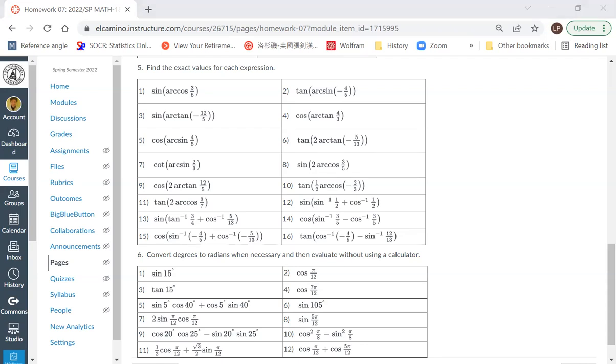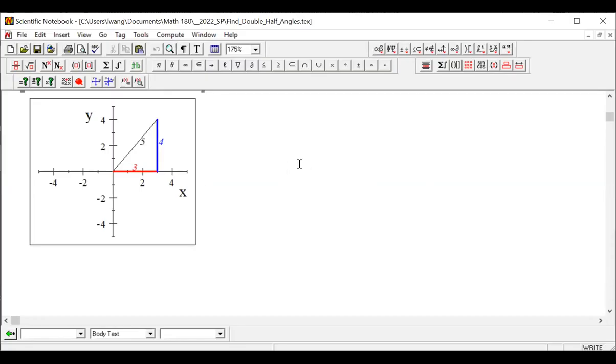Tangent of arc sine of -4/5. Did I copy the question right? Let me double check. Yes.